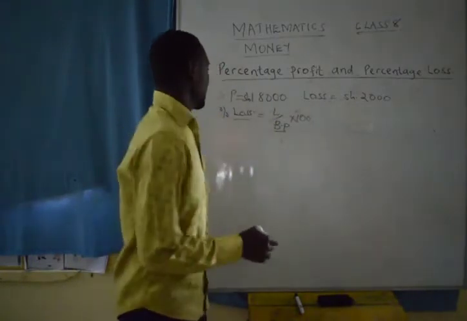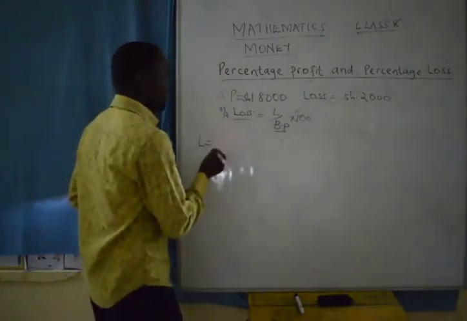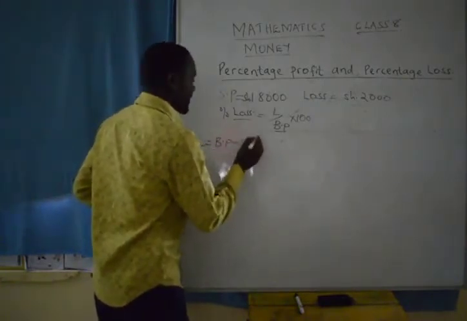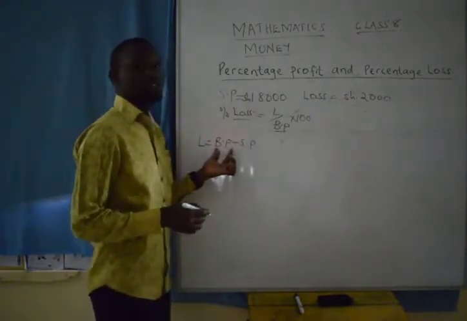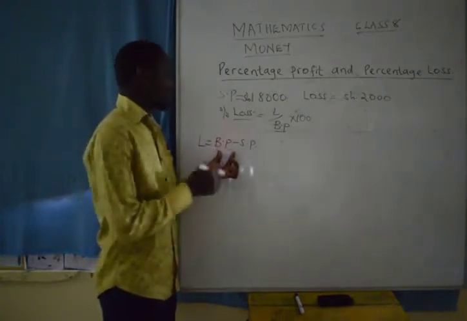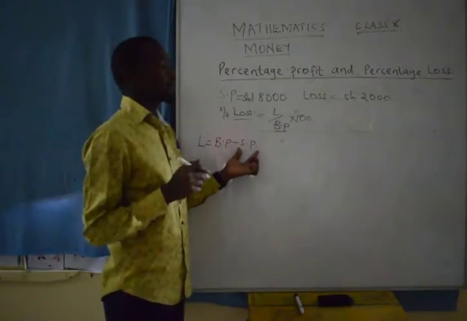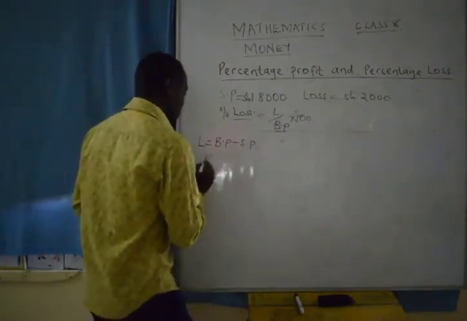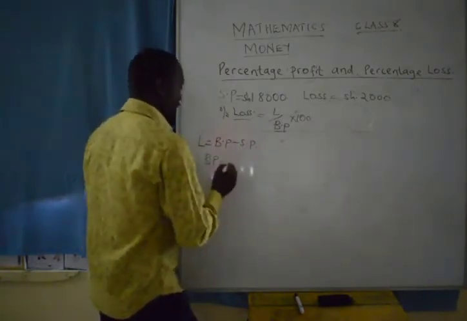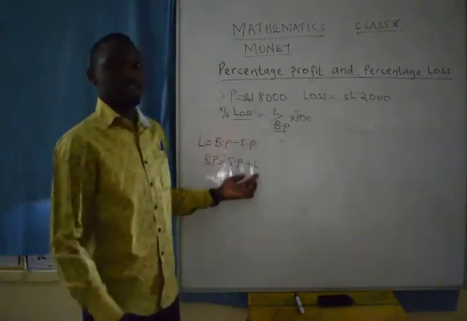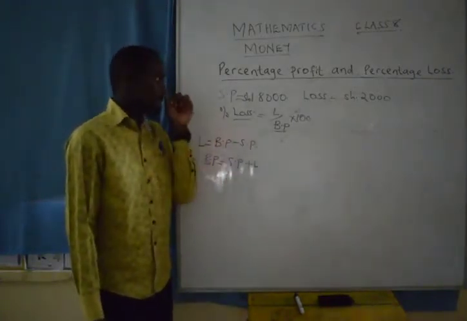Yes. Remember, loss is given by the buying price minus the selling price. When calculating loss, the buying price is higher than the selling price. So the buying price will be given by the selling price plus the loss.